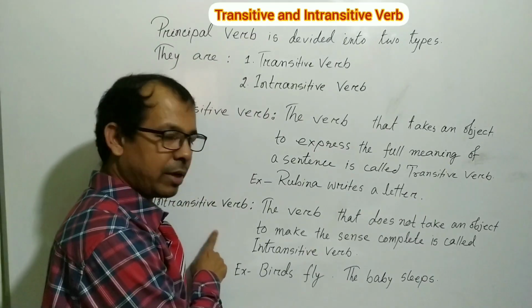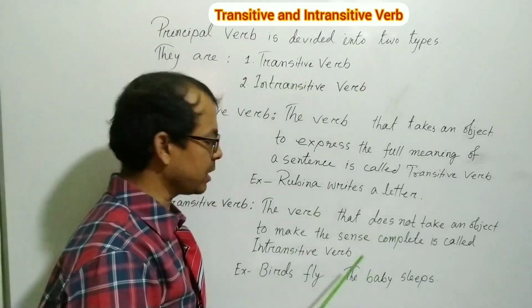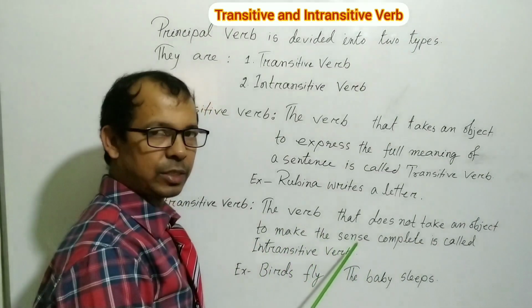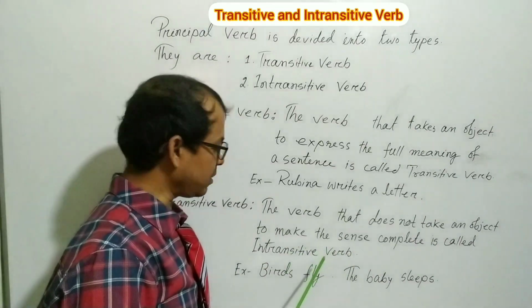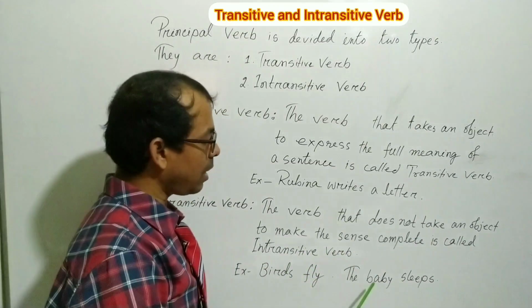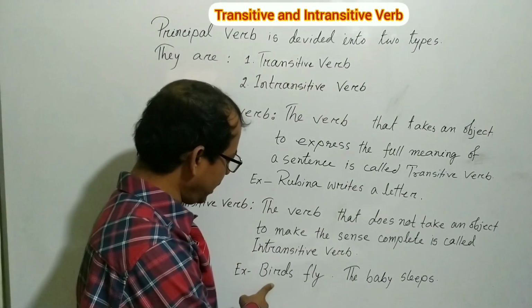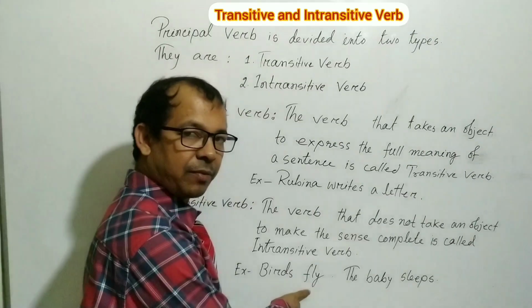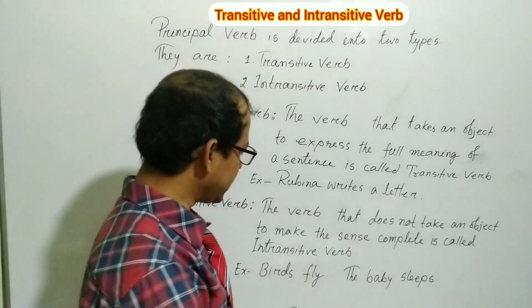Okay, so look here, intransitive verb: the verb that does not take an object to make the sense complete or to express the full meaning of a sentence is called intransitive verb. As for example, birds fly, the baby sleeps. So here you can see, my dear student, the verb fly does not need any object to express the full meaning of the sentence.